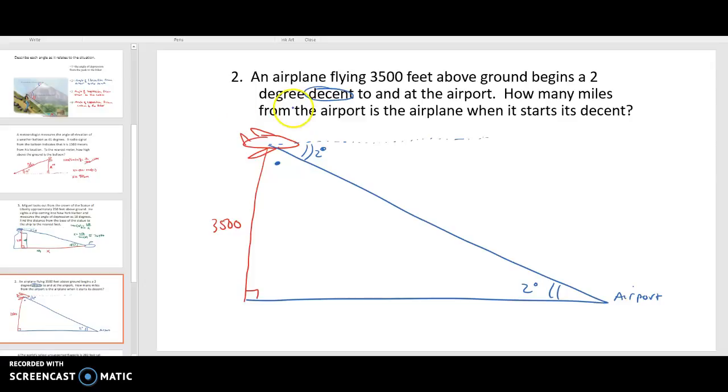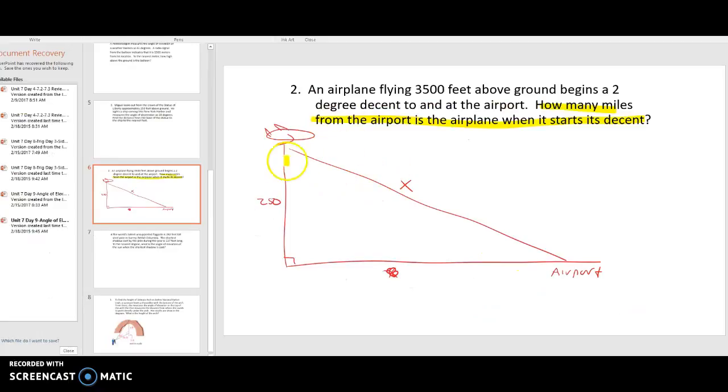So here's the question though. How many miles from the airport is the airplane when it starts its descent? Well, think about it. This is going to be the distance from the airplane to the airport. So the distance from the airplane to the airport is this here, and that's what we have to go ahead and find. So we look, this is our 2-degree angle.